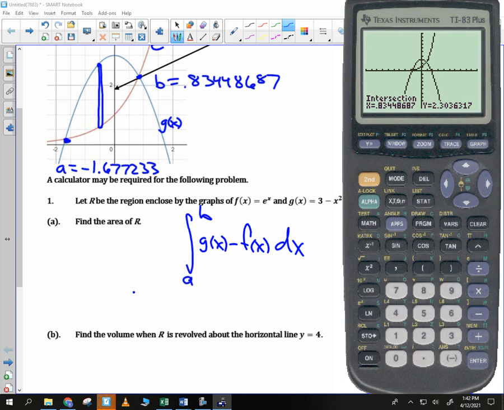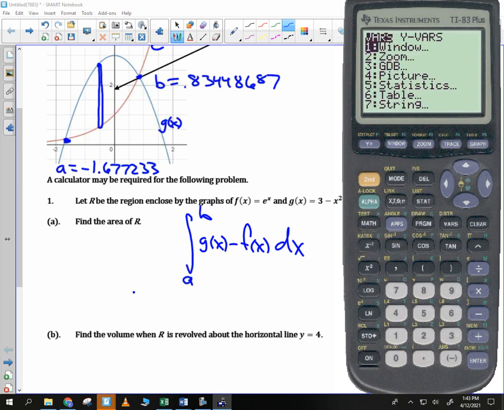So now I need to perform this operation on my calculator. I'm going to go into y equals, and I'm going to do top minus bottom. You could either subtract these two, or you could do what my favorite thing is to get rid of these two, enter and enter. And I go down there, and I want to press y2 minus y1. Do you remember where I grab y2 and y1? Very good.